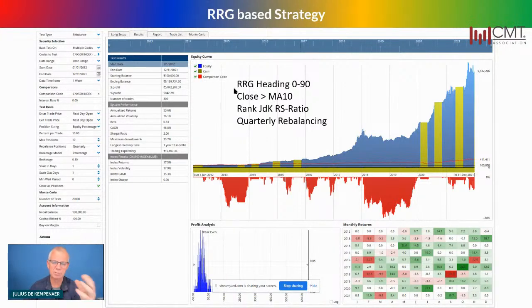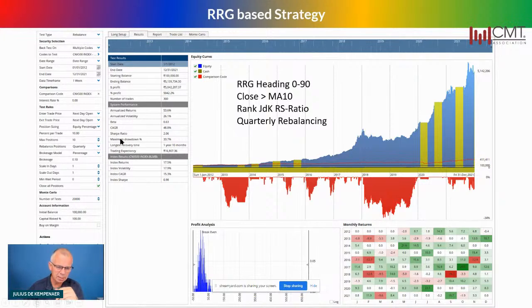That's strong relative strength. The closing price of a stock needs to be above its 10-week moving average. We want to buy stocks that are going up. We do that for the entire universe. And I've done that here for the Nifty 500, so all 500 stocks in the Nifty 500. And we're going to create a portfolio of 10 stocks, 10% each.